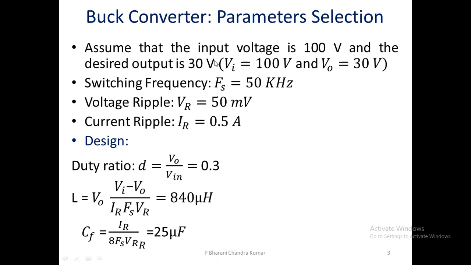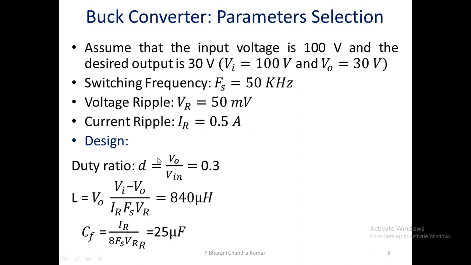For the parameter selection, my input voltage is 100 volts and I want it to step down to 30 volts. So Vi equals 100 volts and Vo equals 30 volts, and the switching frequency I have assumed as 50 kilohertz, the maximum voltage ripple as 50 millivolts and current ripple as 0.5.